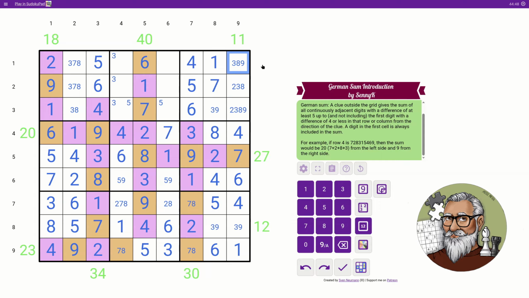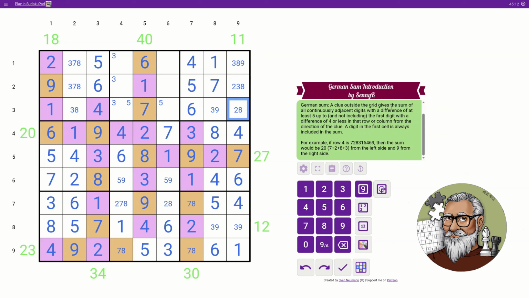So how does that work? If this is 3, 8, then this is 2. And if this is 9, 2, then this is 3, and this would have to be 8, right? I'm missing something here.